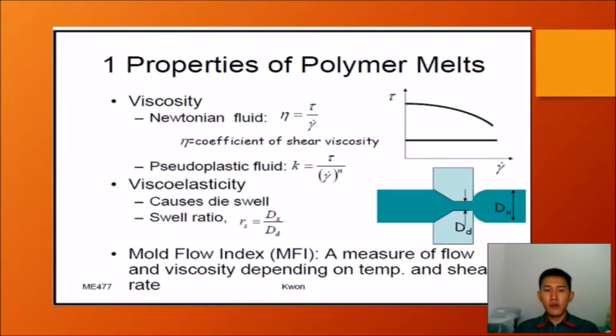And viscoelasticity is the tendency of the fluid to return to its original position. And the next property of polymer melts is melt flow index, a measure of flow and viscosity depending on temperature and shear rate.